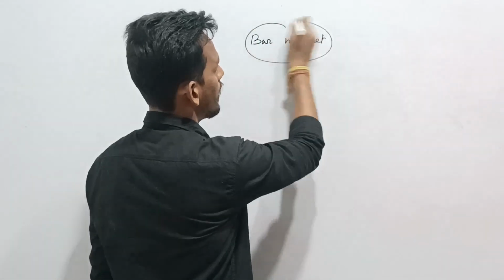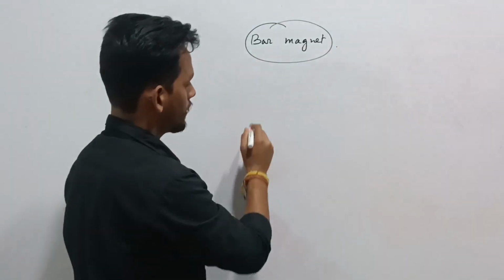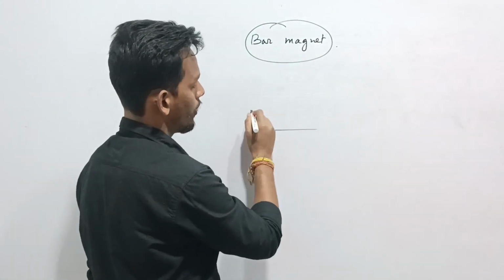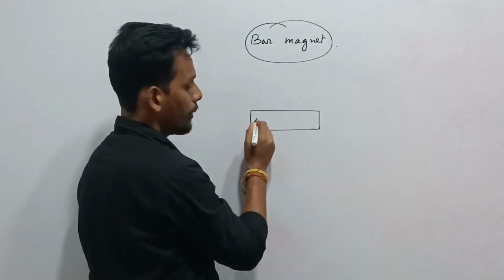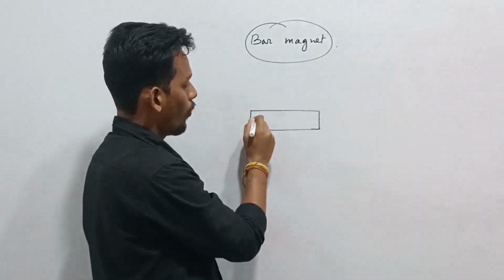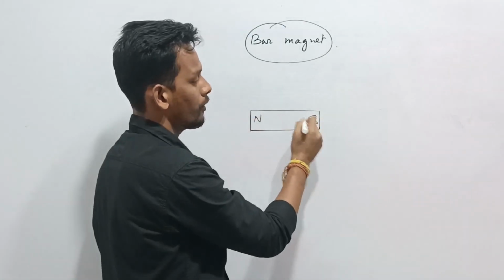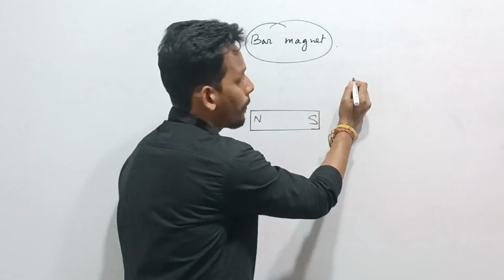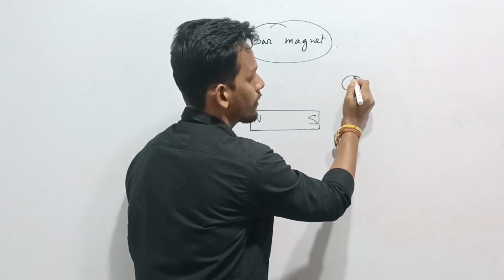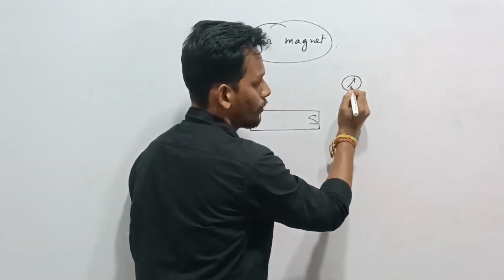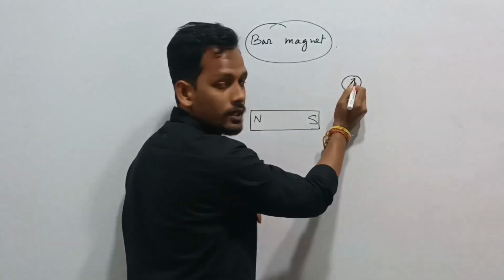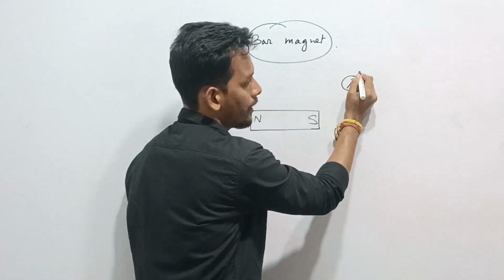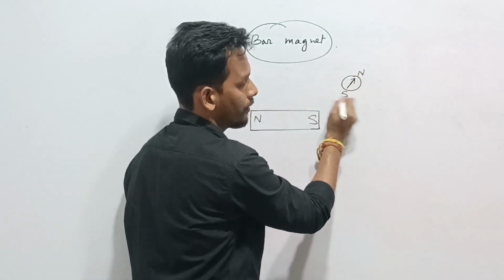How are magnetic field lines produced in a bar magnet? Simply, this is a bar magnet, and you know that a bar magnet has two poles. One pole is called north, another pole is called south. Take a compass, by which you can see the direction. This arrow inside the compass indicates north, and opposite to this is south.